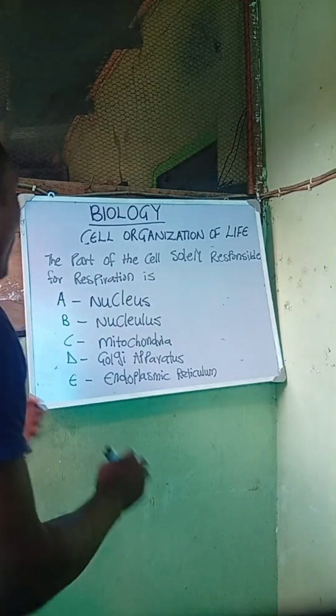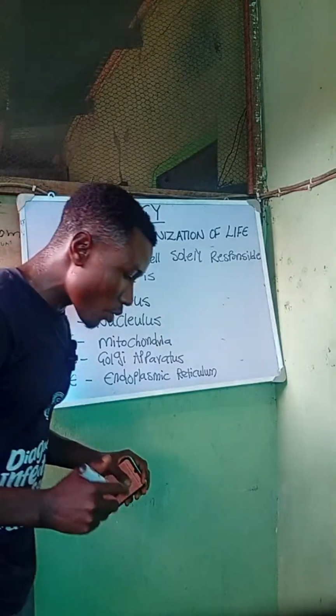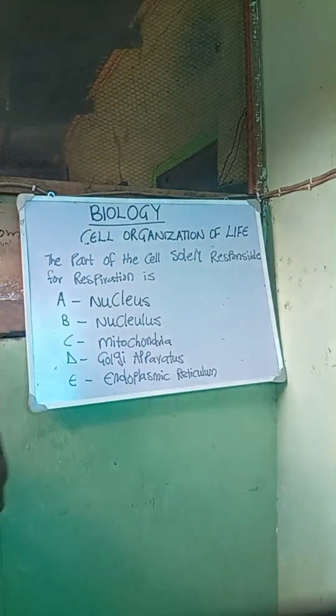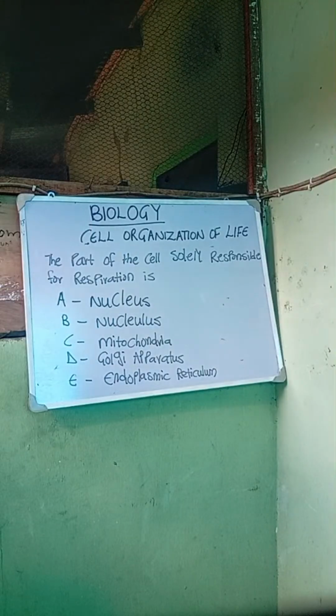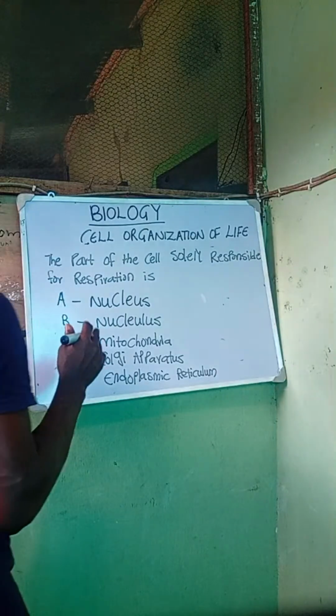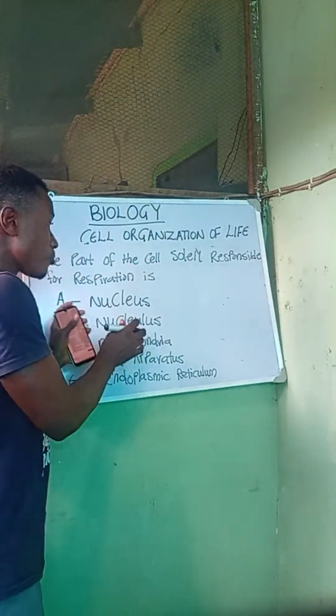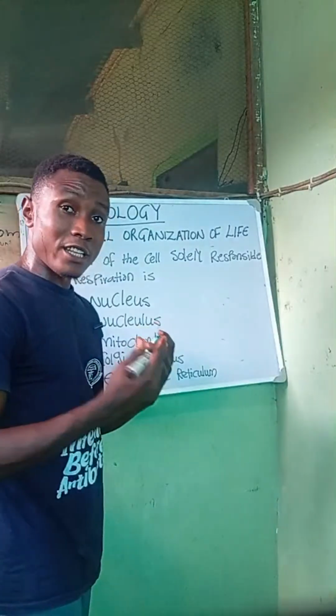The question is the part of the cell responsible for what? Respiration. The first question you have to ask is what is respiration. That's the first question that should come to your mind as someone preparing to write an exam like JAMB. As I told you from the very beginning of this class, I will not just tell you the correct answer.